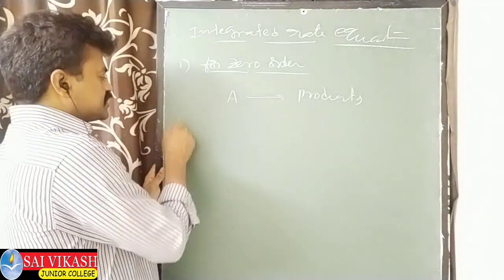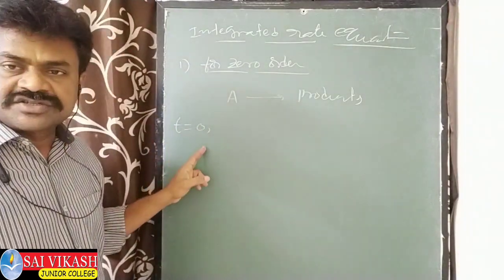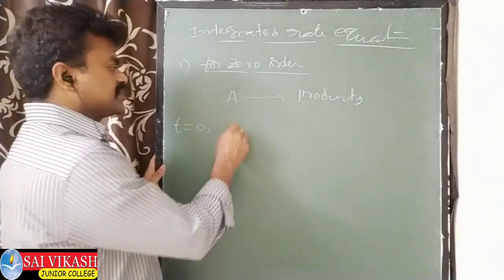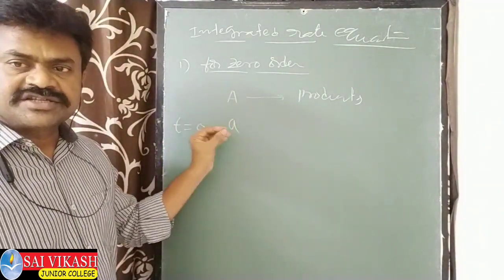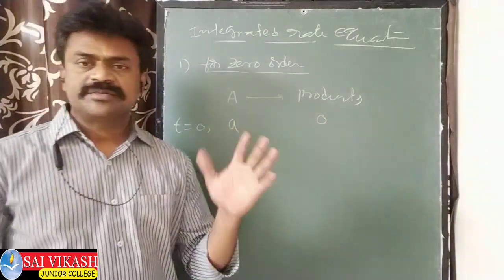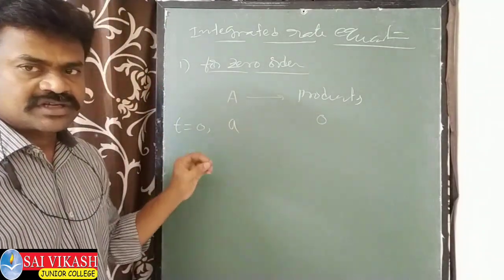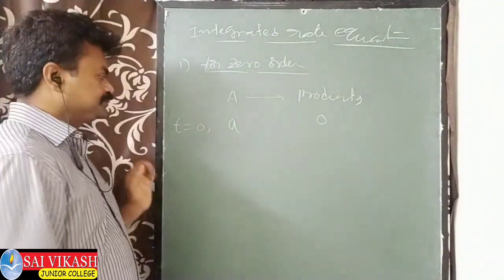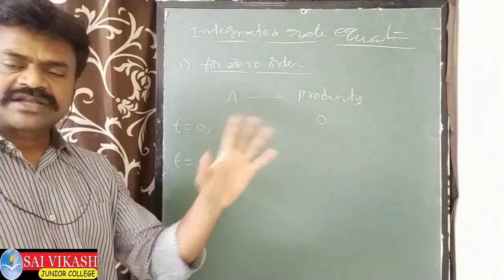So for this now I am considering at initial time equals 0. Initially its concentration I am taking as a. a is the initial concentration. Initially the products concentration will be 0, no formation of products here. Now time equal to t means some time.